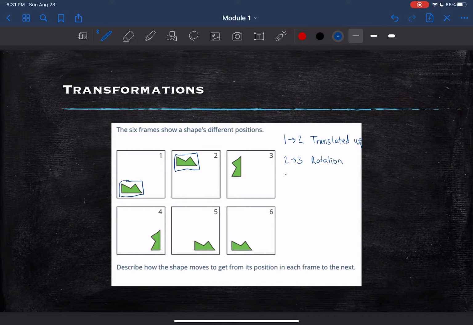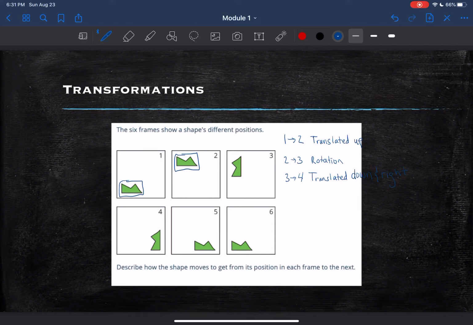All right, from 3 to 4, it has the same orientation. So again, we know that it's going to be translated down and to the right. It went from the top left to the bottom right. So it's translated down and right.